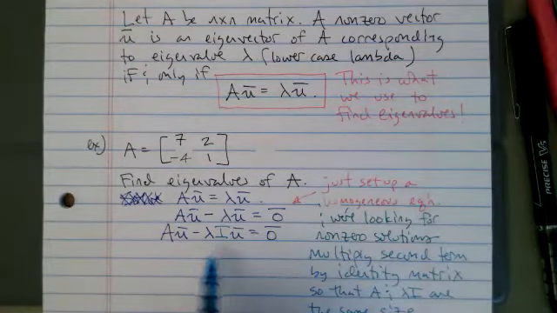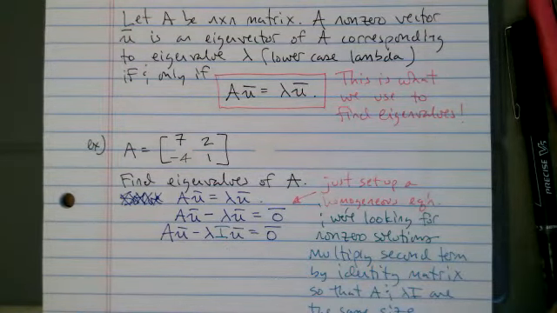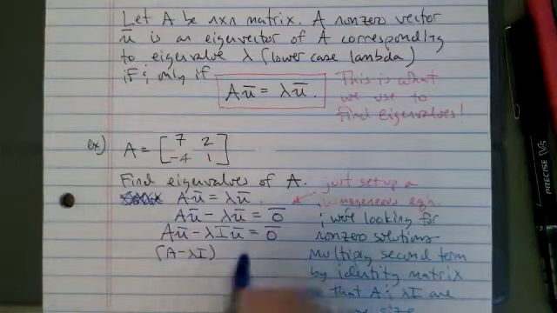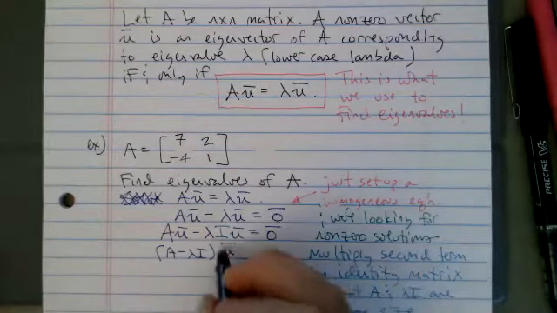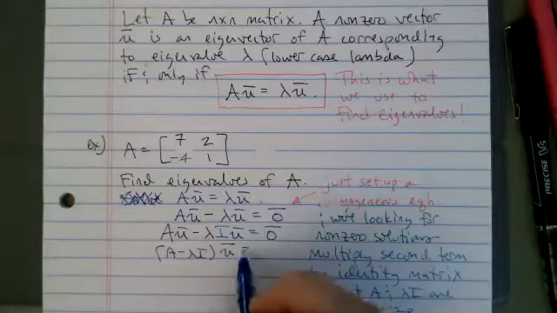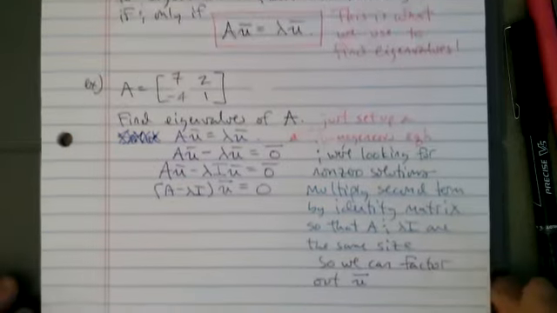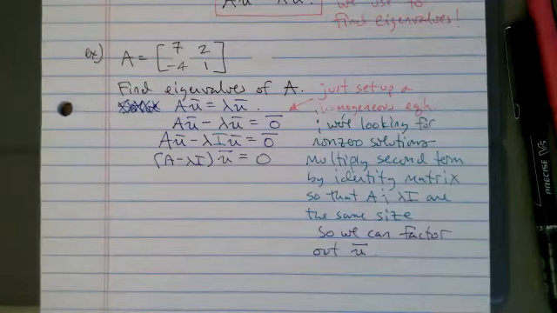So now that A and lambda I are the same size, I can write this as A minus lambda I times u is equal to 0. A minus lambda I is going to be a 2 by 2 matrix.